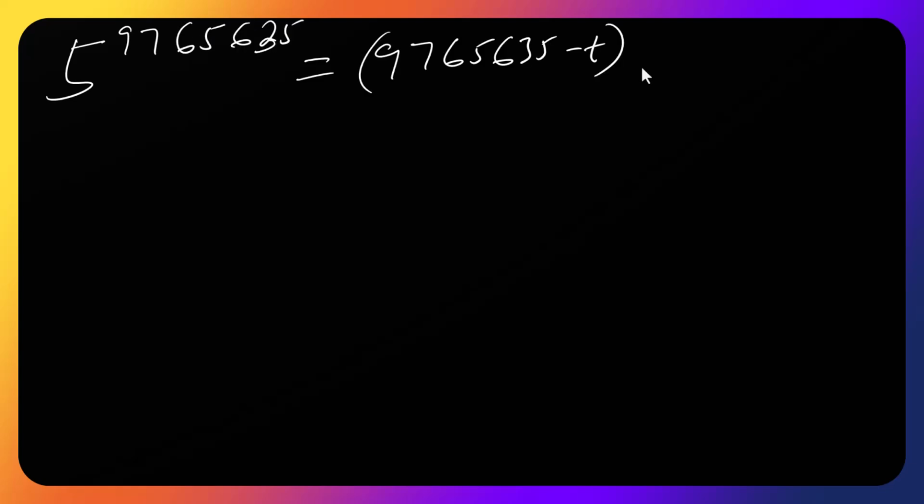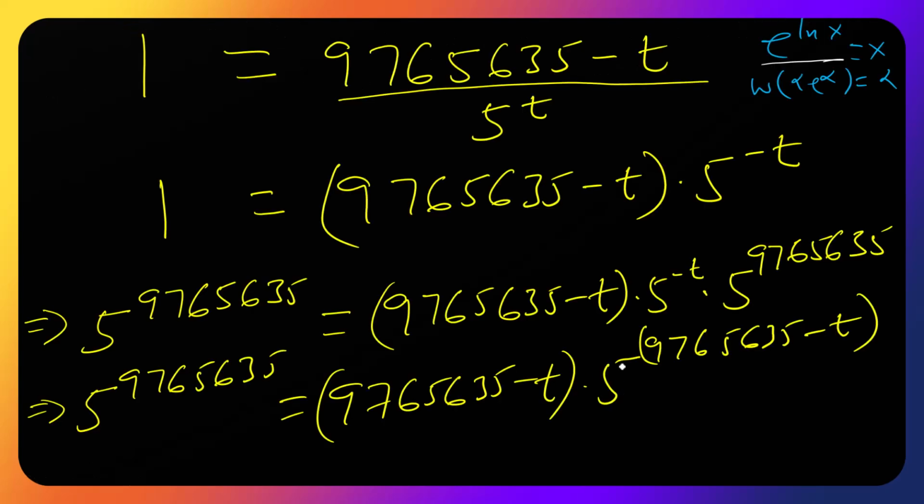We take e raised to ln of 5 raised to 9765635 minus t. So we've taken this one here.